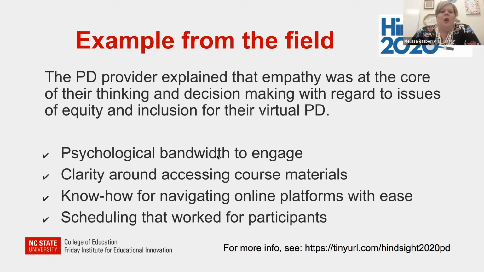But they still were really critical in thinking about the psychological bandwidth to engage. Were teachers able to have the mental space to be part of PD, especially last summer? That was a time when it was very difficult with the pandemic, but I would say even into the future. People sometimes make the mistake that technology can ease and mitigate a lot of these challenges. But what's the psychological bandwidth? Was there clarity around accessing course materials, so people have the know-how for navigating the online platforms?